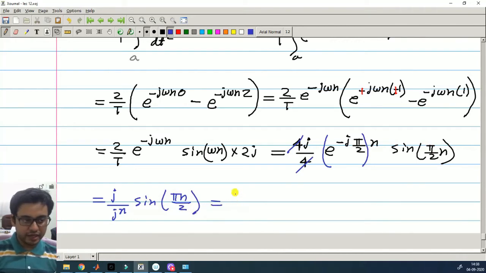Now this is same as j to the power 1 minus n sine n pi by 2. This is Cn double prime.